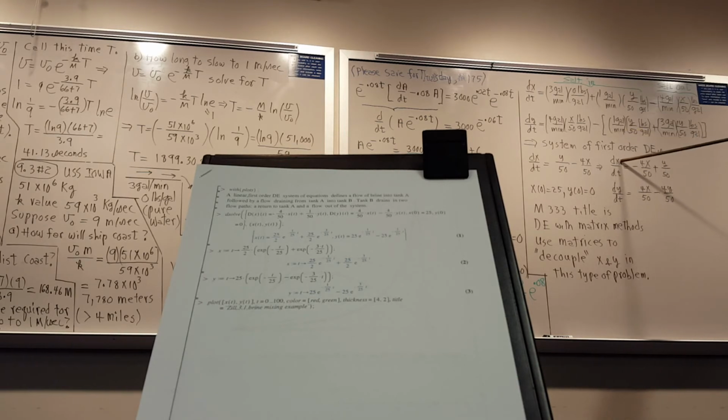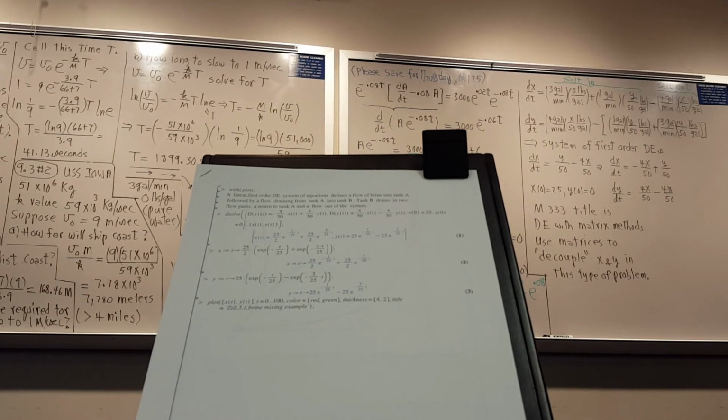Notice it's x of t and y of t. You can't just type x and y. They're functions, so you've got to say so, or you'll get a nasty red ink error message.